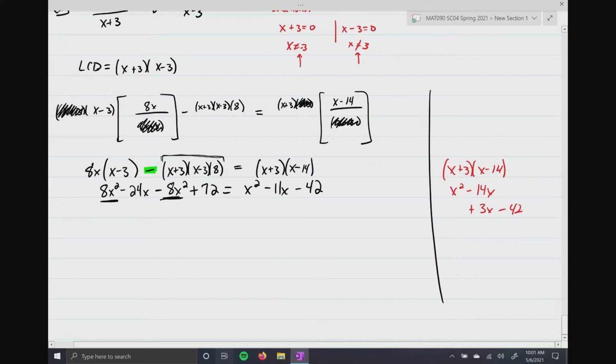That's a good thing. So I'm left over with negative 24x plus 72 equals x squared minus 11x minus 42. So it's still quadratic. So I'm still going to go ahead and set this equal to 0. So I just take my time.